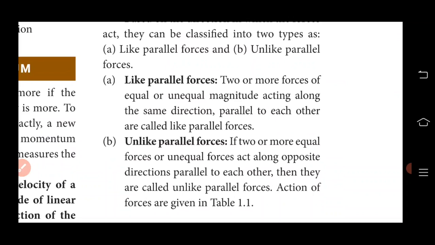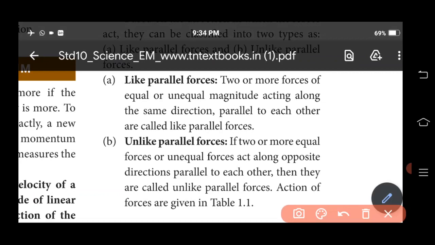Like parallel forces are two or more forces of equal or unequal magnitude acting in the same direction. What is magnitude?